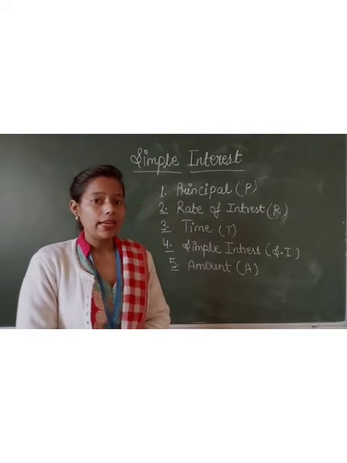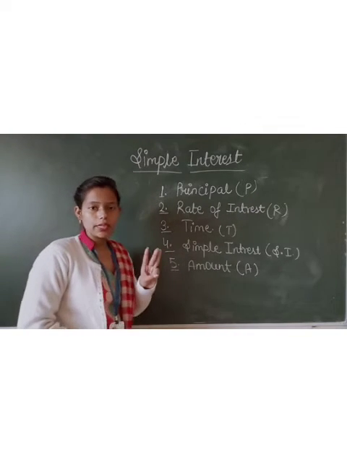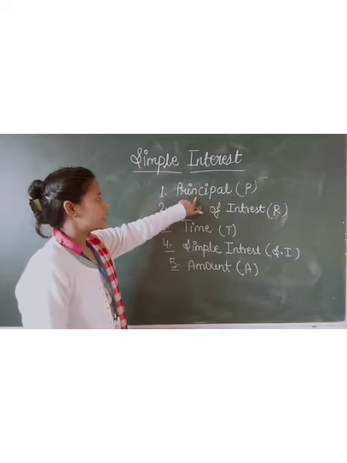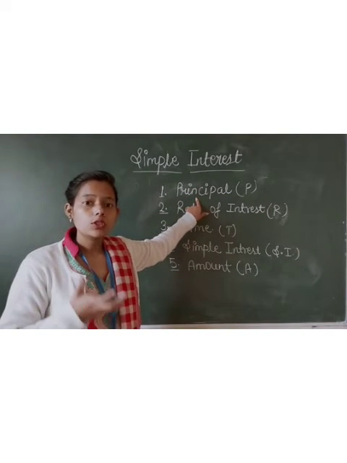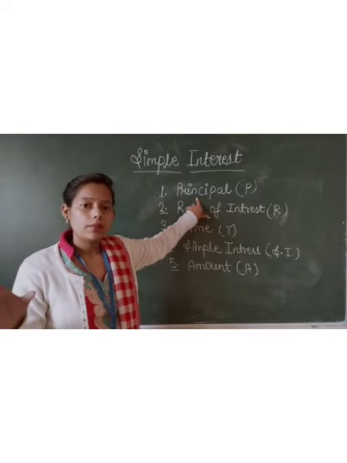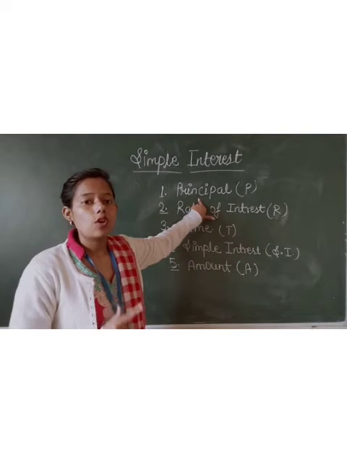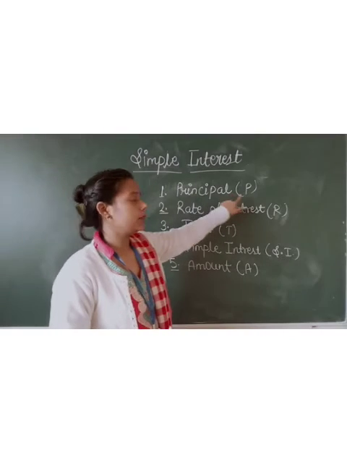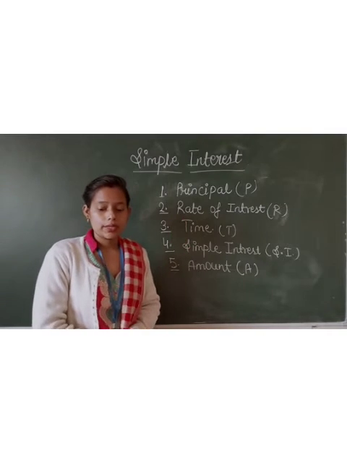So class, for finding the simple interest, we mainly use three components. First, it is principal. What is principal? The amount we borrowed, the money we borrowed from the bank or the money lender, is called principal, and it is indicated by P. Second, rate of interest.